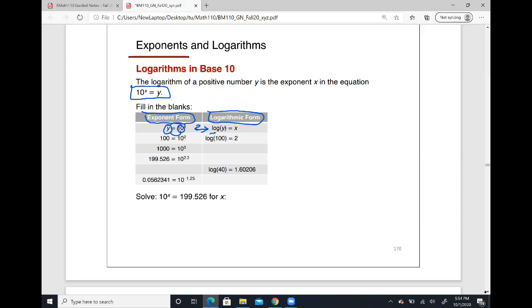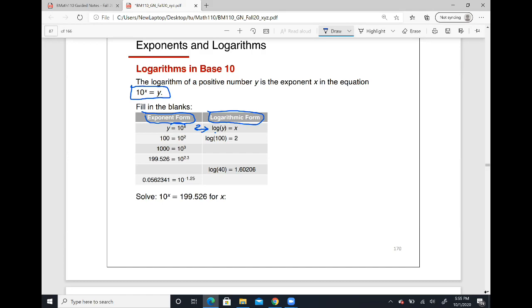That's the reason why I have log base 10 of y equal x. Remember that if I don't have any number at the base, it means base 10. There's a hidden 10 as the base. That is a thing you need to know.